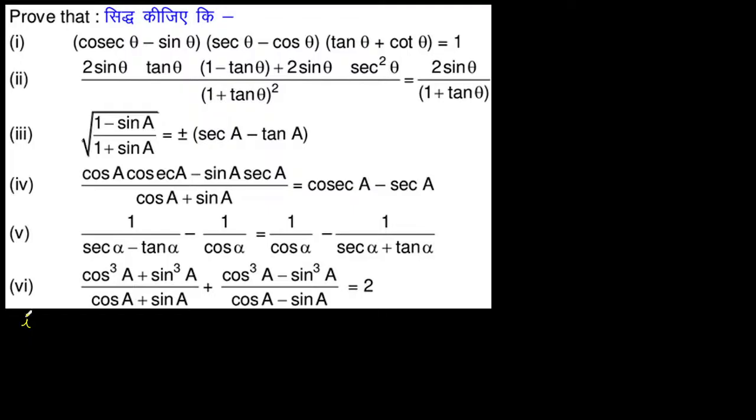Number one: (cosec theta minus sin theta)(sec theta minus cos theta)(tan theta plus cot theta) is equal to 1.